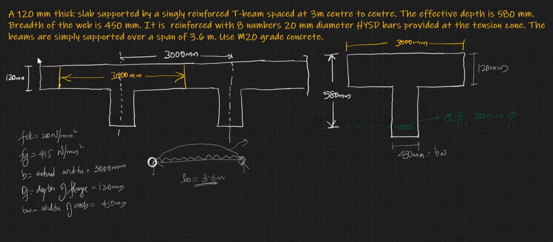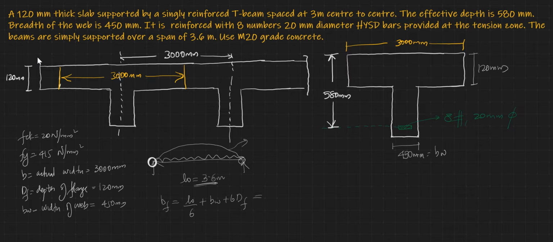Now, to find the value for your BF, you have from clause number 23.2.1 of your IS 456 2000, BF is equal to L0 by 6 plus BW plus 6 DF.